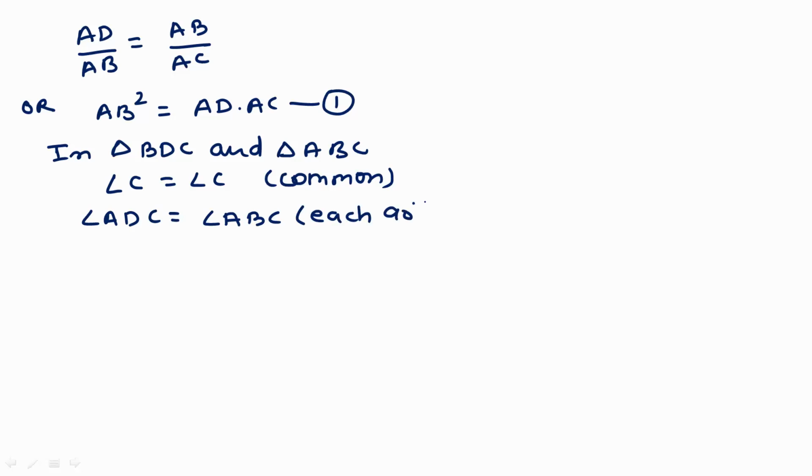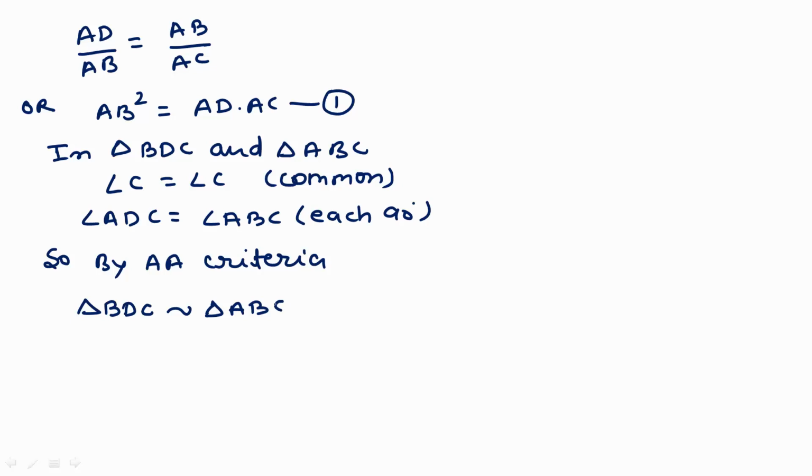Each 90 degrees. So by angle criteria, triangle BDC is similar to triangle ABC.